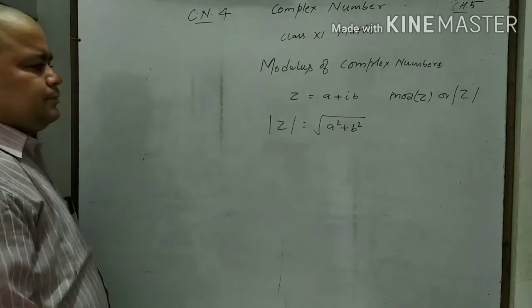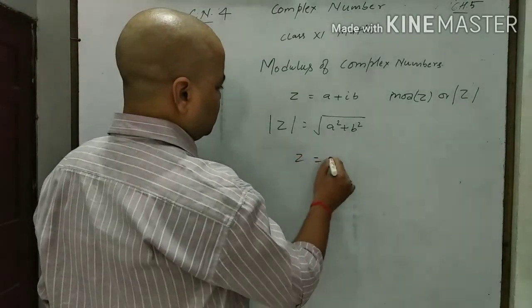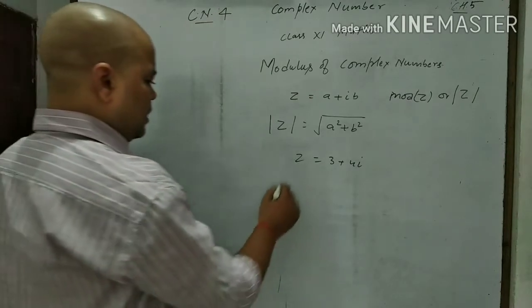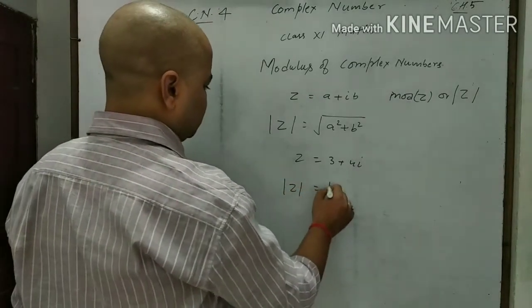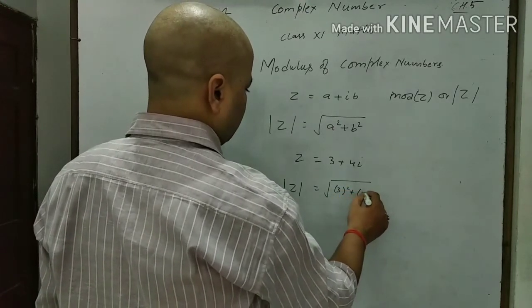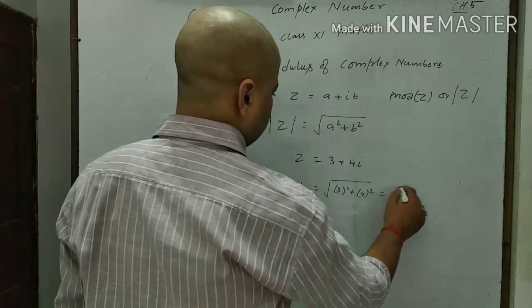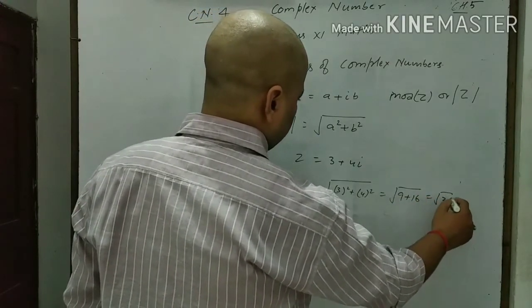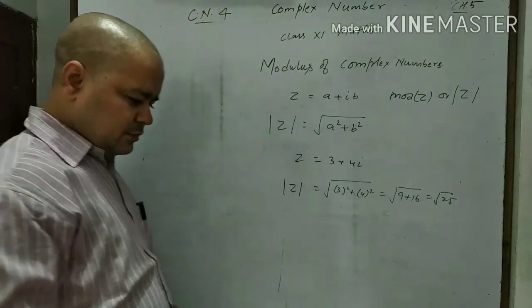For example, if we have z is equal to 3 plus 4i, then the modulus of this complex number is equal to under root 3 square plus 4 square, which is 9 plus 16, is equal to under root 25.